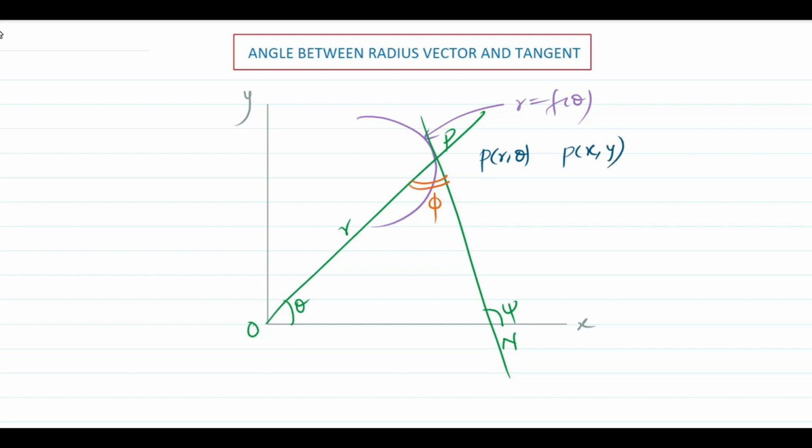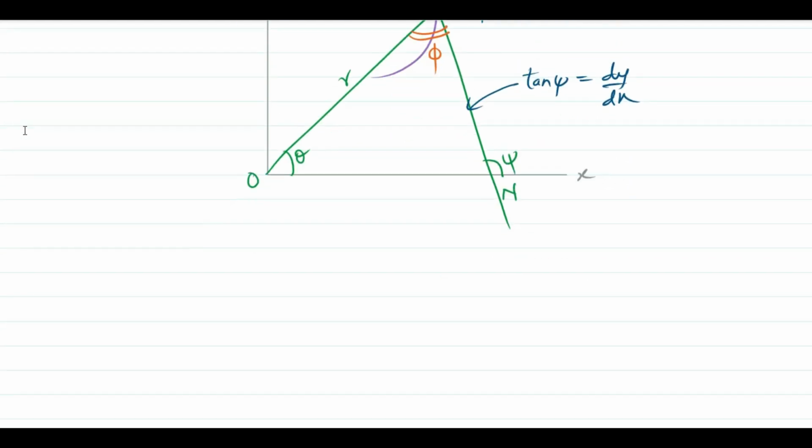From basics of differentiation, the tangent slope is given by tan psi equals dy by dx. I will better write it down. OP equals r is the radius vector making angle theta with x-axis.